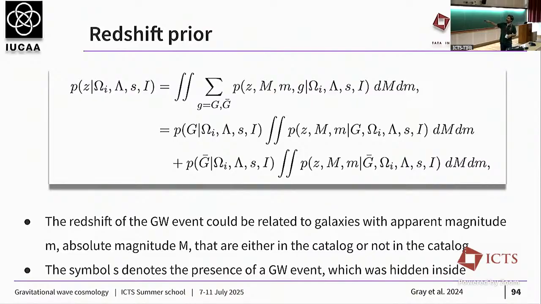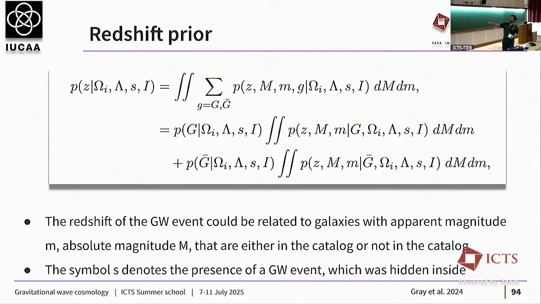So P of z given a direction, some parameters. Now we have put in an S which tells you whether a gravitational wave event is seen or not, right? Because there is no gravitational wave event data which is going in here. So we have to put in the fact that maybe some of the events you will see, some of them you will not see. So that possibility is written as S.